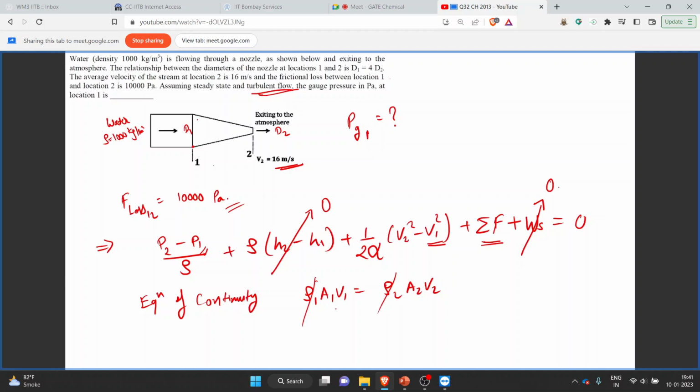The area at location 1 is pi by 4 d1 square, and the velocity we have to find is V1. The area at location 2 is pi by 4 d2 square, and the velocity we have been given as 16. So this will get cancelled out, and V1 will be (d2 upon d1) whole square into 16.